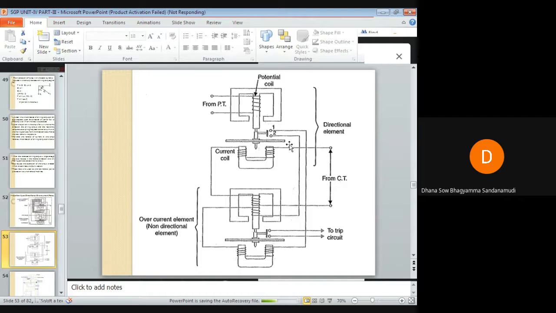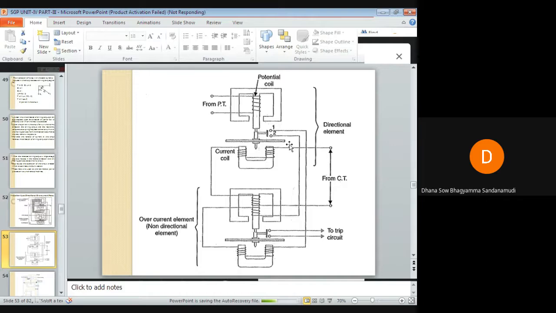So whenever the directional unit operates, it closes the open contacts of the secondary winding of the relay, and the overcurrent element will operate later.